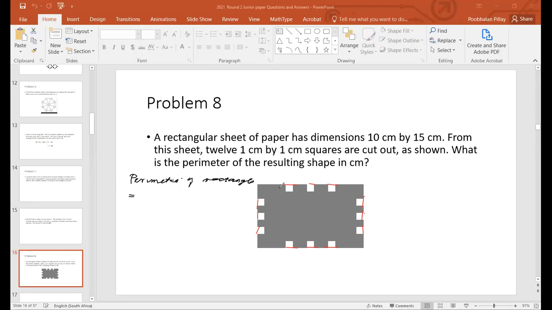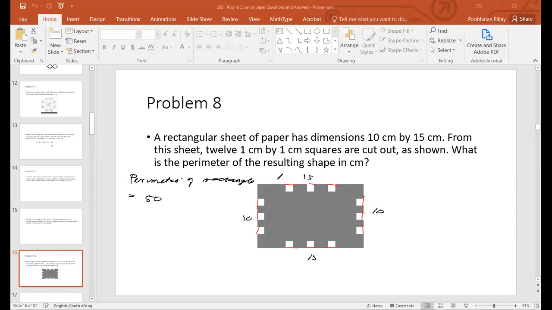And with the rectangle, you already know a formula for it, but now at high school, you don't worry about formula. You can just see I'm going to add up. This is 15 here, and that is 10. This is 15, and that is 10. So you add up the edges, you're going to get 2 15s and 2 10s, which is 30 plus 20, which is 50. So that's the perimeter of the rectangle, but that wasn't asked for.